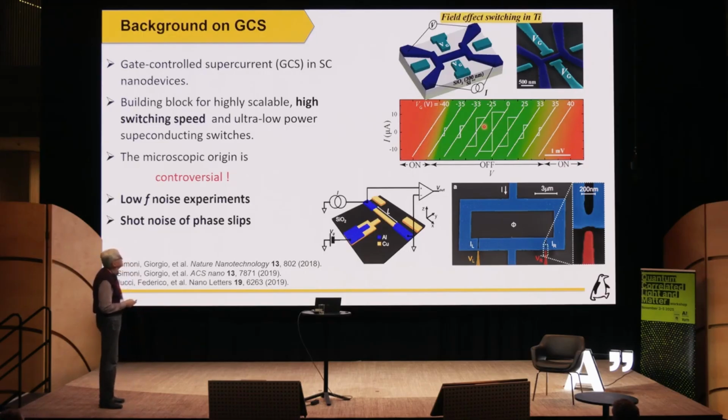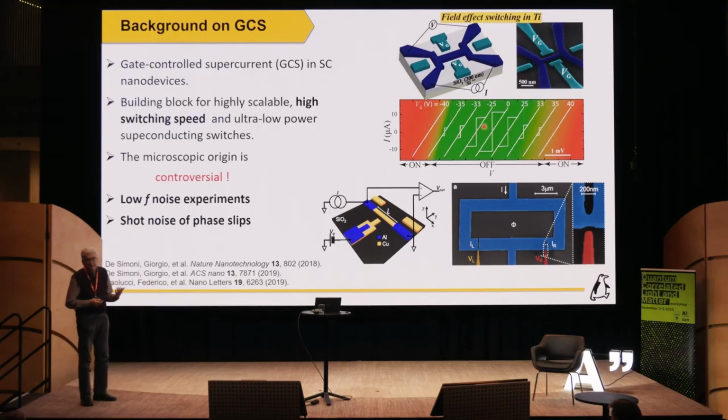But it's not fully clear what is the reason behind this phenomenon. And we have done noise experiments both at low frequencies and at high frequencies. So at low frequencies we get switching noise, and at high frequencies we are aiming at shot noise of flux pulses, phase slip noise.